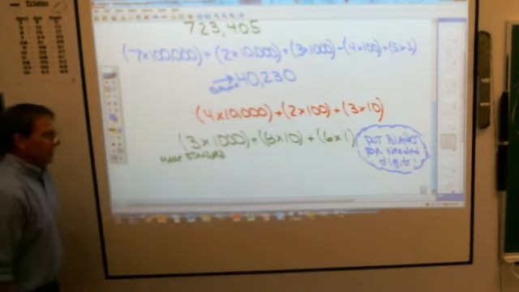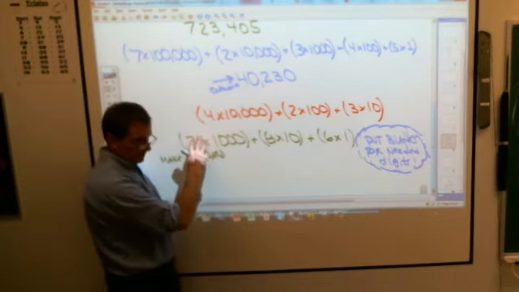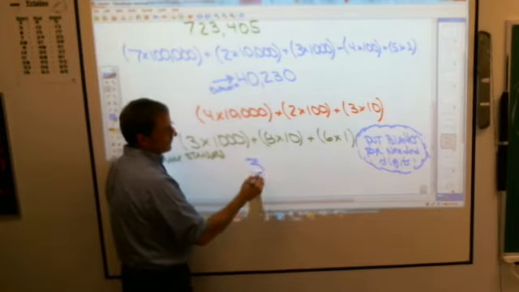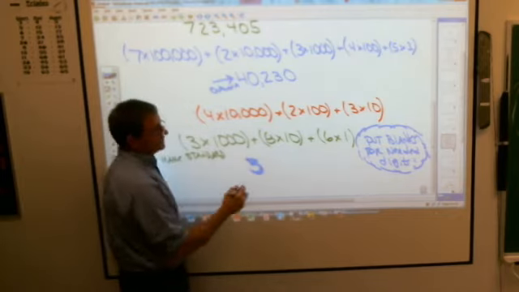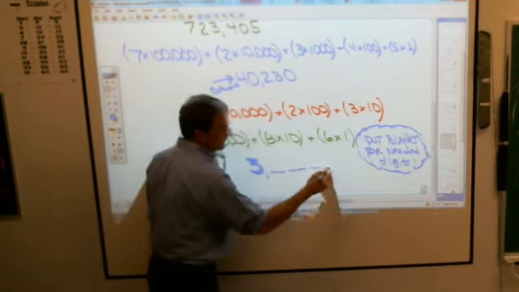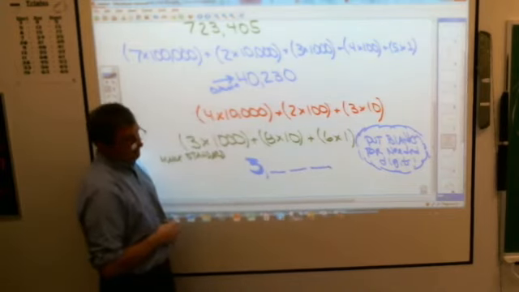What I mean by that is this. Okay, we know that the 3 has to be in the thousands place, right? So you're going to write the 3 down. After you write the 3 down, because 3 is in the thousands place, you know that you have to have 3 digits after that. Otherwise, the 3 doesn't end up in the thousands place.